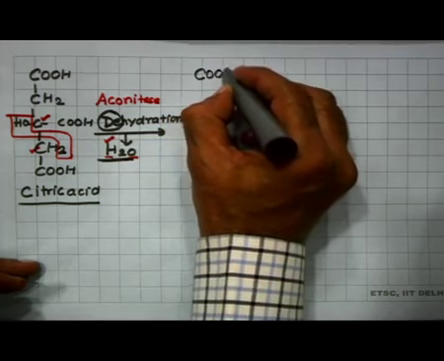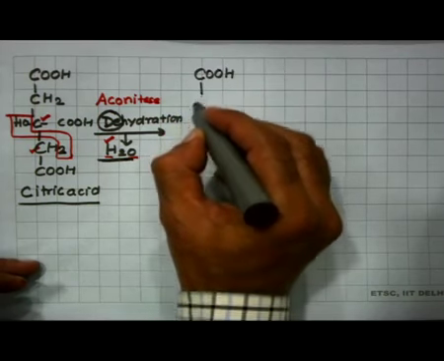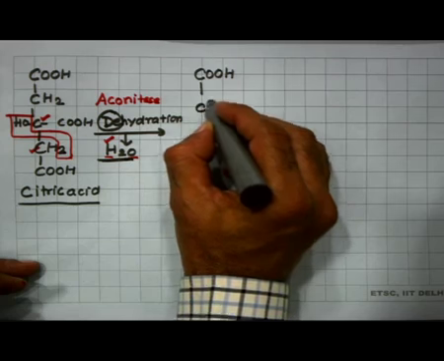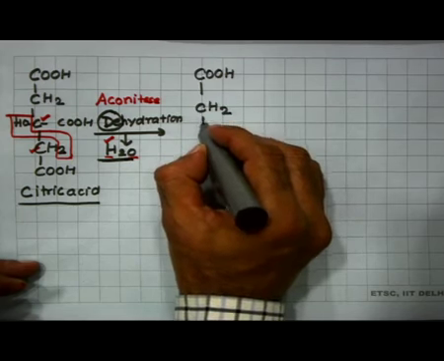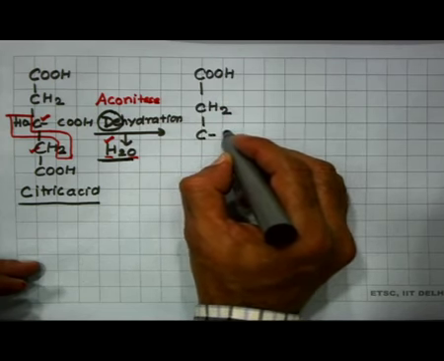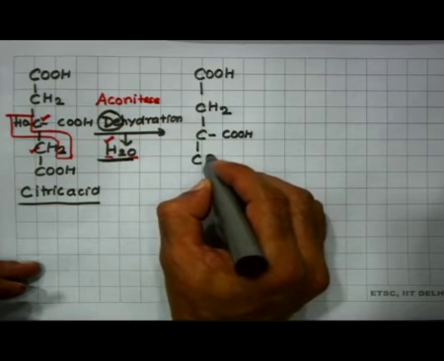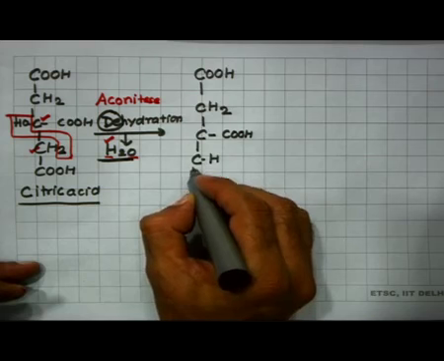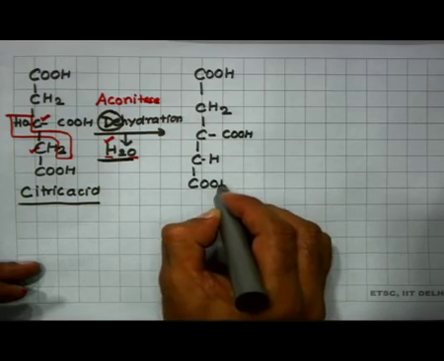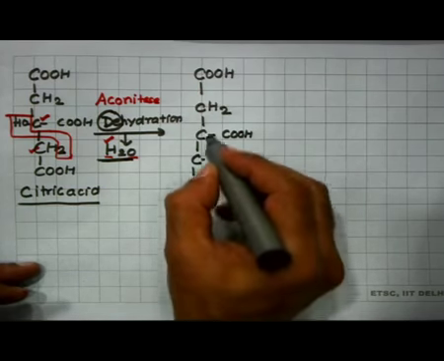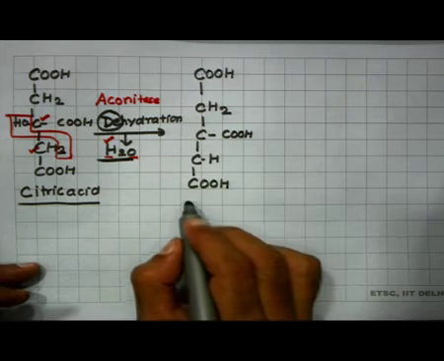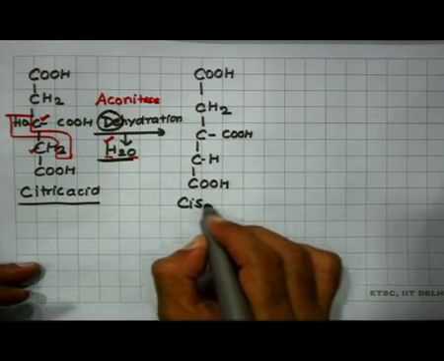See, after removing the water from the citric acid, the rest is COOH. Here CH only remains, and COOH. Now, this is called cis aconitic acid.